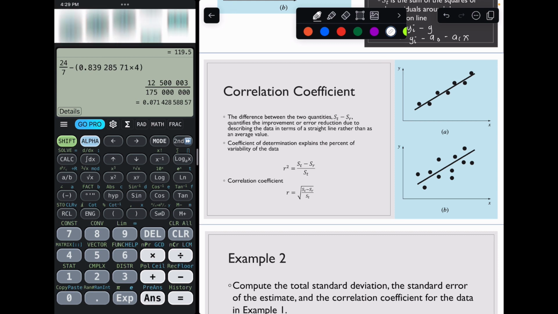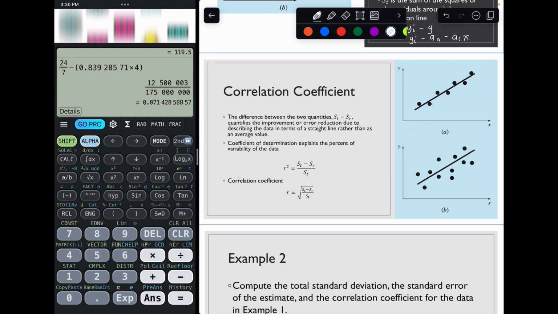As you can see here, we have two figures. In figure A, the data points are very close to the regression line. In figure B, the data points are a bit farther from the regression line.